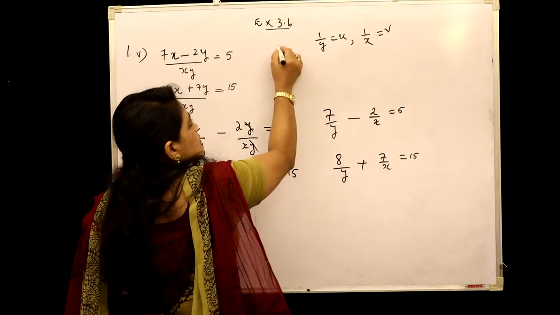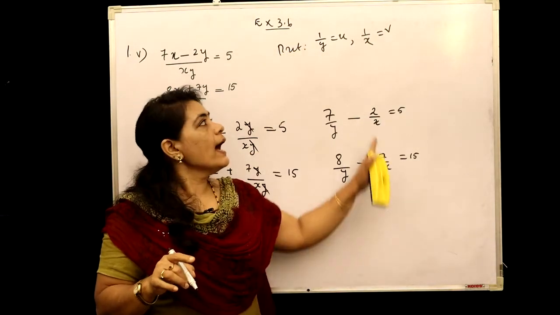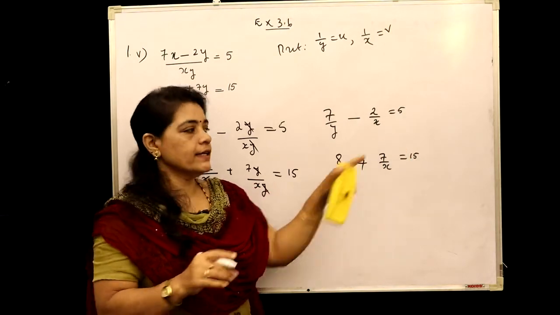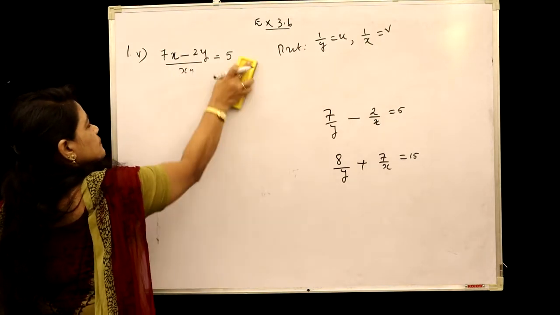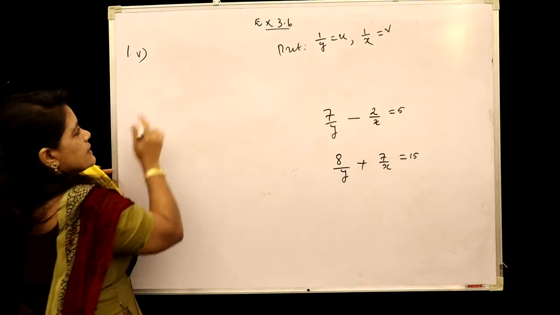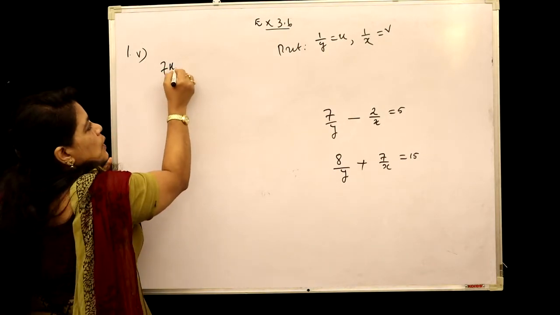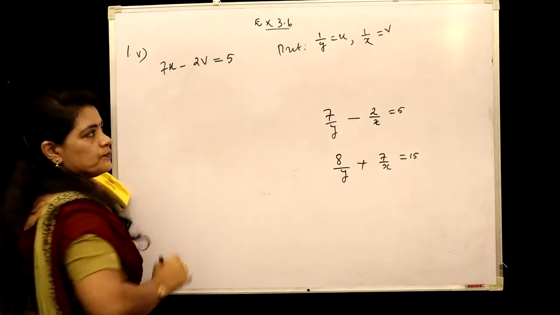This is the substitution. Put 1 by y as u and 1 by x as v in this equation. Let us see what the new pair of equations is. That is 7, this 1 by y is u, so 7u minus 2v is equal to 5.